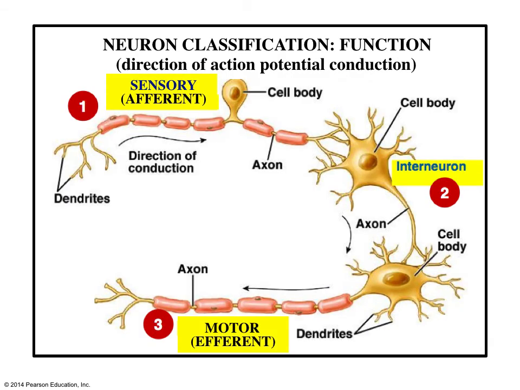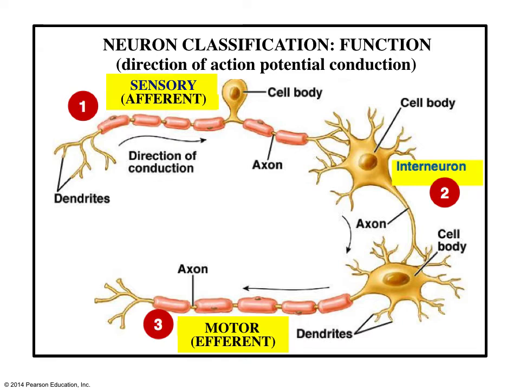The second classification is according to the direction in which a neuron sends its message. The neurons that send messages towards the central nervous system, we already have learned that, would be sensory or afferent neurons. Neurons that transmit or send the action potential from the CNS out are called what?